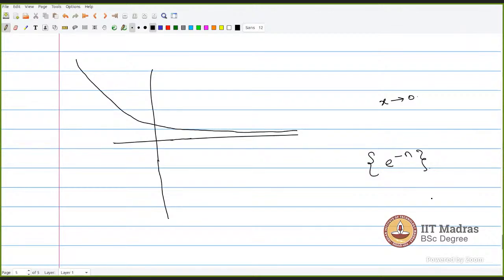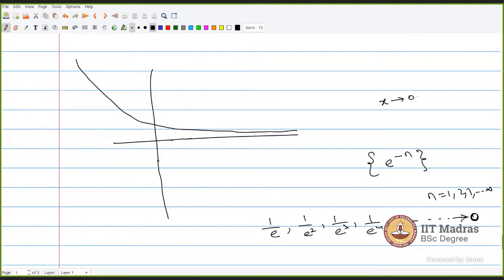When I say e power minus n, my n will take values 1, 2, 3, and so on to infinity. When I substitute n equals 1, my first term is 1 by e. Likewise, 1 by e square, 1 by e cube, 1 by e power 4, and so on. This will eventually go closer and closer to 0.